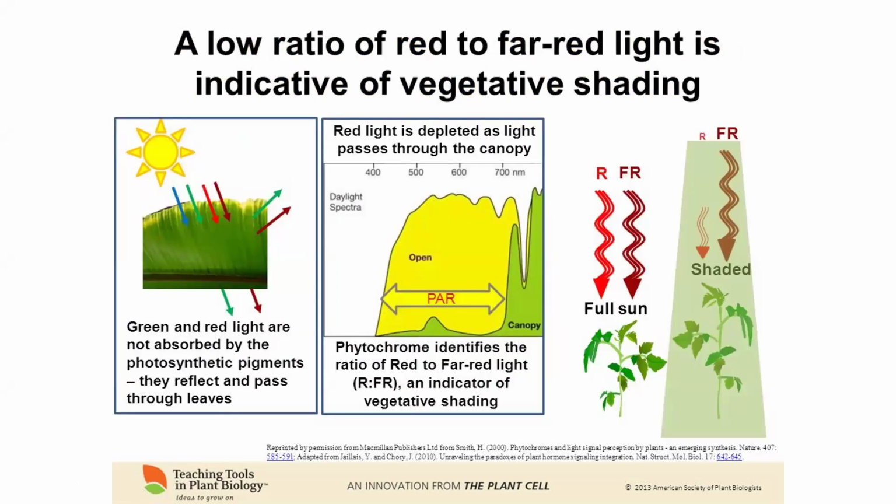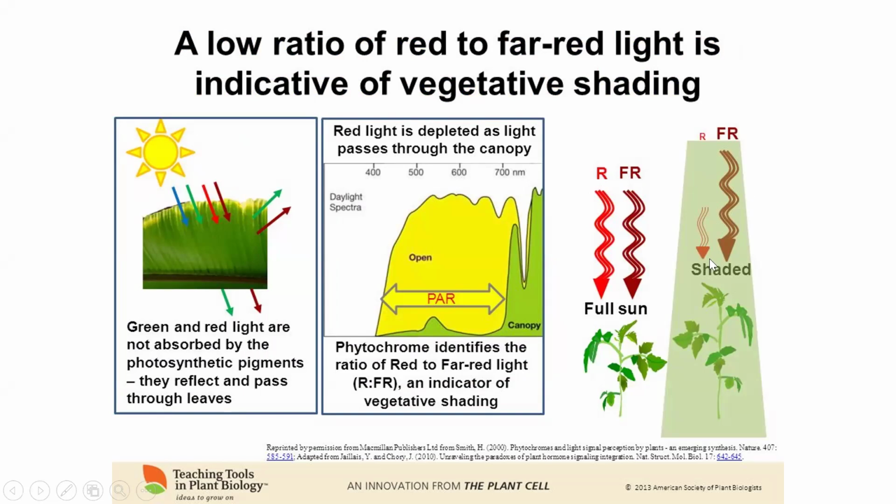The important thing I want to point out here, on the right, you can see my cursor, is that when we have full sunlight, we have far red and red light in roughly equal proportions.